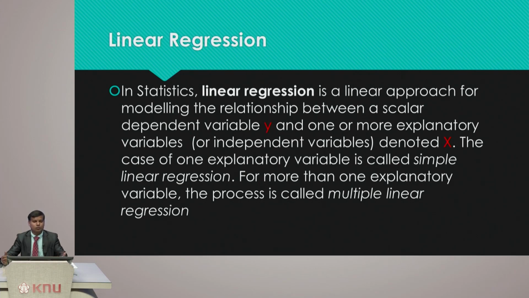When you have more than one independent variable, we call it multiple linear regression. So that's the basic definition. So we are going to establish this relationship between these two variables. That's the core idea, and from these two variables, we can try to predict values based on the data that we have.